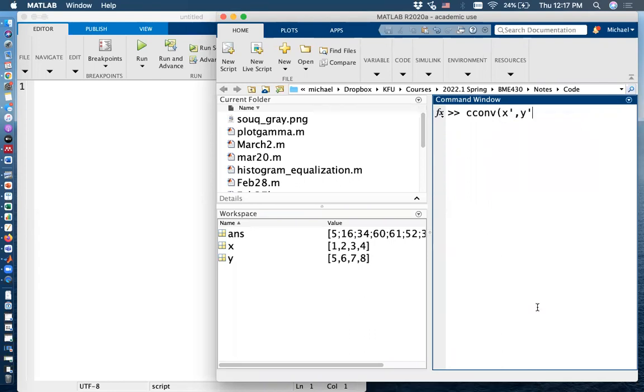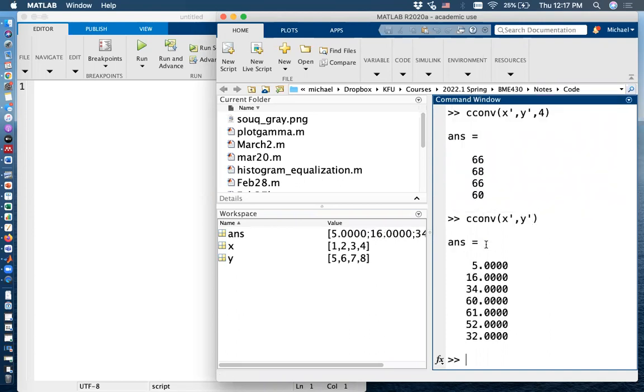Again, I'm only putting the apostrophes because it shows up better. And then we're going to put the number of elements that we want. So in this case, it's 4. If we press enter here, we'll see our answers: 66, 68, 66, and 60. That's exactly what we calculated before. If we do circular convolution without adding the 4, we just get the normal convolution, the same as if we were to write CONV, x prime, y prime.